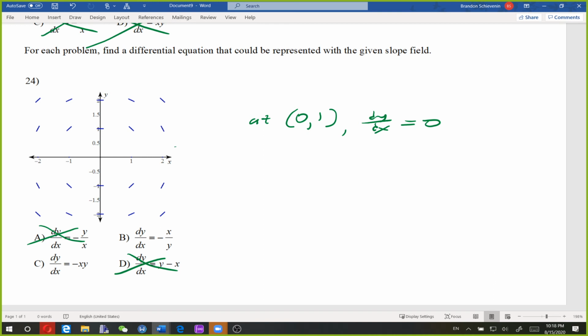What if I pick 2, 1? Okay, so for C, I would have a slope that is more negative at this point than this point, which is not true. Okay, that can eliminate C.